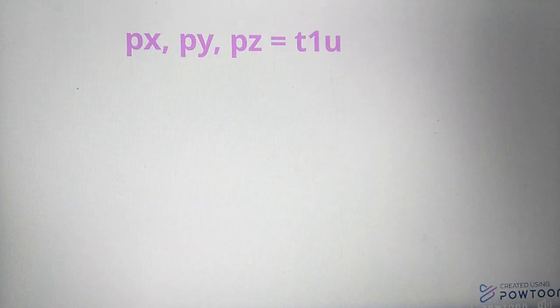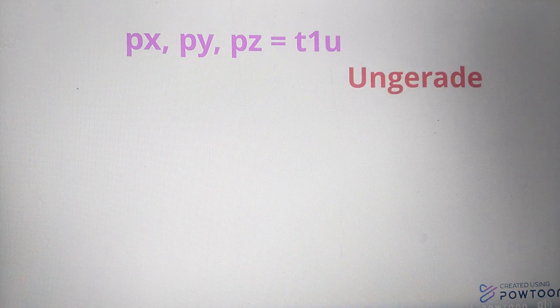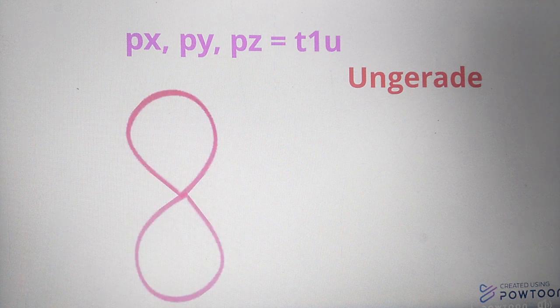In ligand field theory, the three orbitals of the p subshell are called T1u. In T1u, u represents ungerade. What is ungerade? This is the orbital of the p subshell.